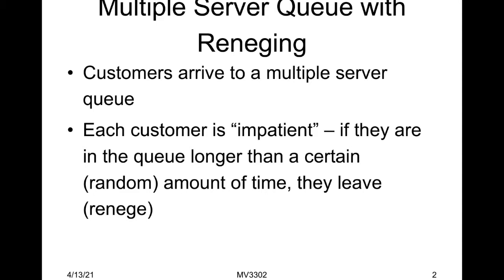And the thing is, none of the models that we have capture that. The multiple server queue model does not capture that. We had a slight element of that with the finite capacity situation, where an arriving customer looked at the line, and if there was no room for them to join it, then they would leave.